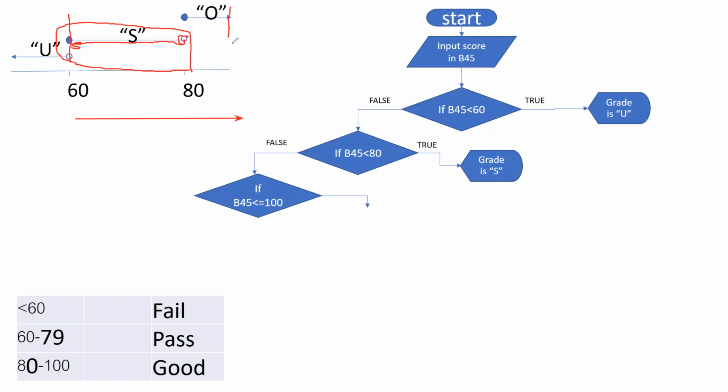It means that I want 100 here to test anyone who gets the grade in this range, from this and touching the point at 80. This one includes 80 as well. And then I say that okay, it's O. If it's true, I want to show O grade. The grade is O. Otherwise, I show error.